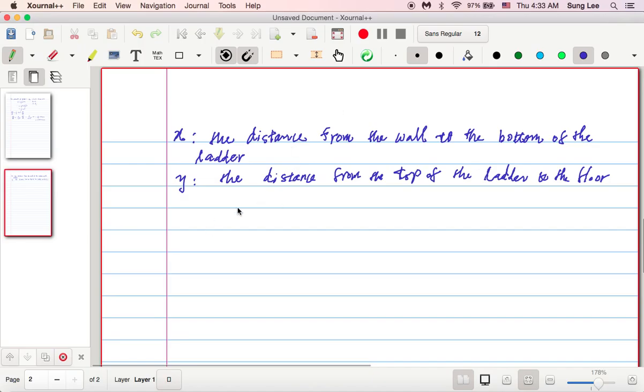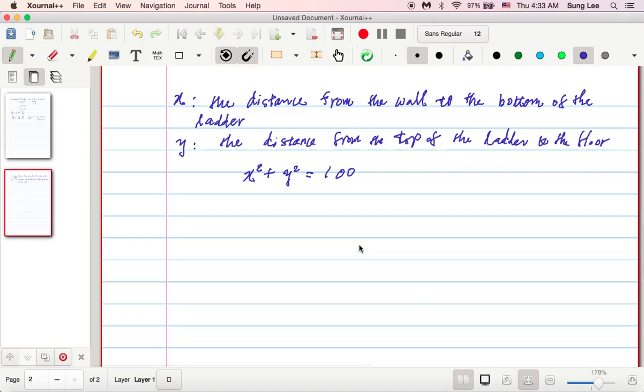Okay, so as I mentioned earlier, we have the following Pythagorean relationship satisfied: x squared plus y squared equals 100. Okay, right, so we are ready to proceed.